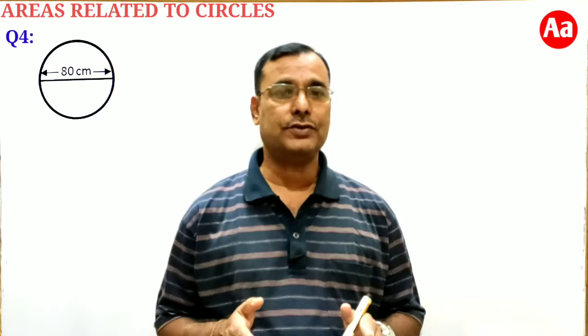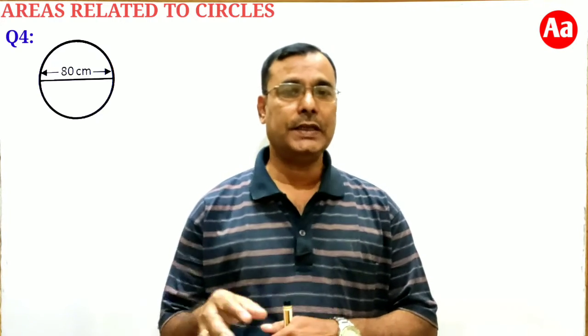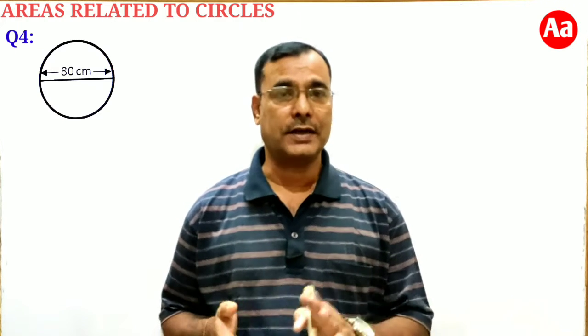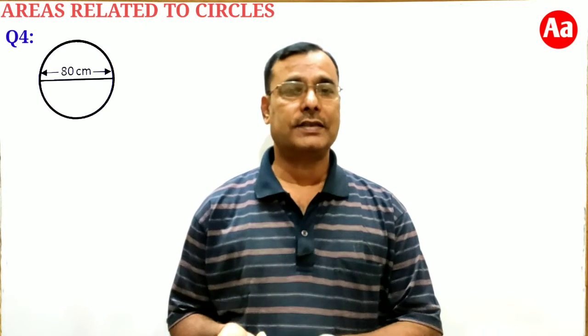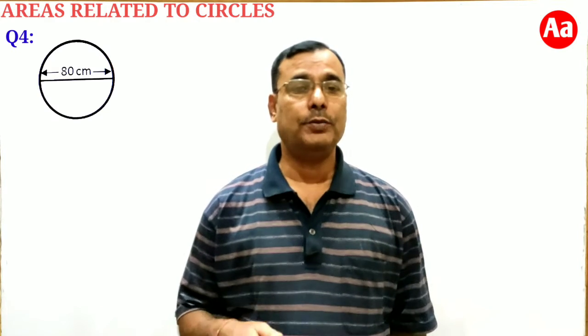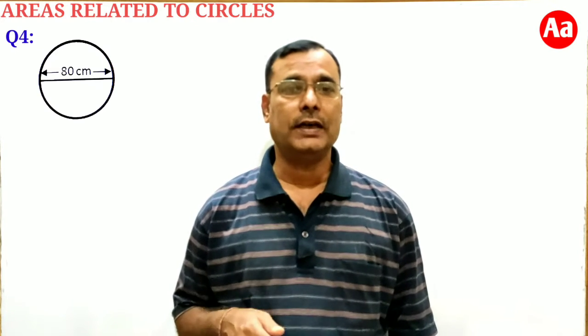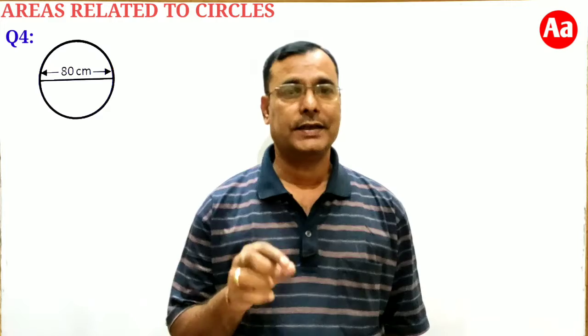So radius of each wheel of the car is 40 centimeter, and speed of the car at which the car is traveling is given 66 kilometer per hour, and we have to find how many complete revolutions does each wheel of the car make in 10 minutes.